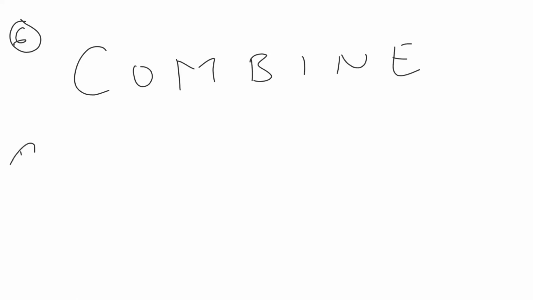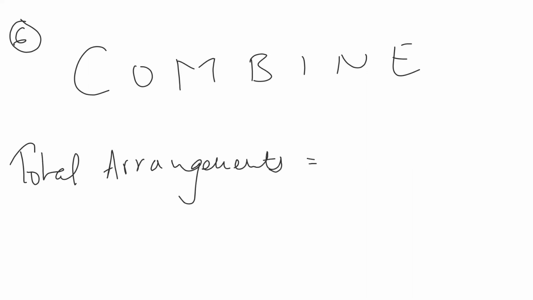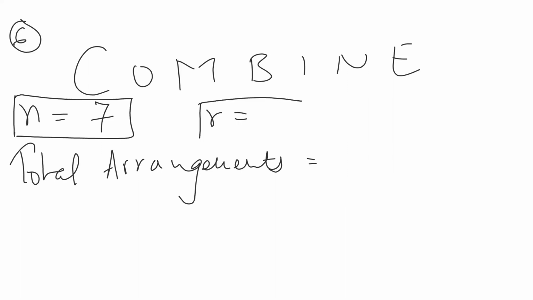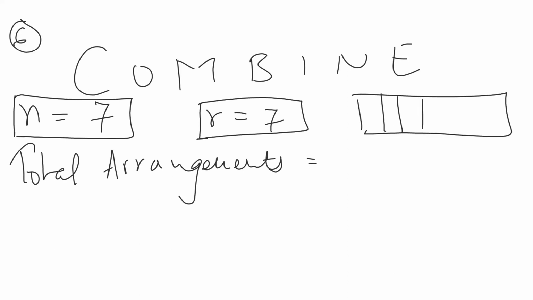Now total arrangements without putting any condition on it. N is the total number of objects, so it is 7. R is the total number of places. For 7 objects, we will make 7 boxes, right? So there will be 7 places. So R is equal to 7.